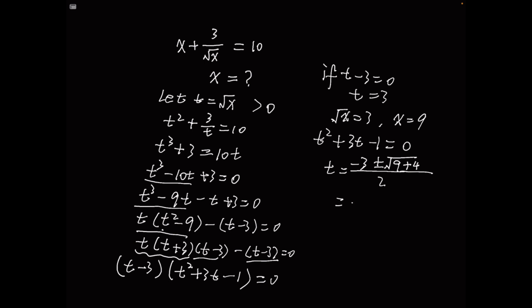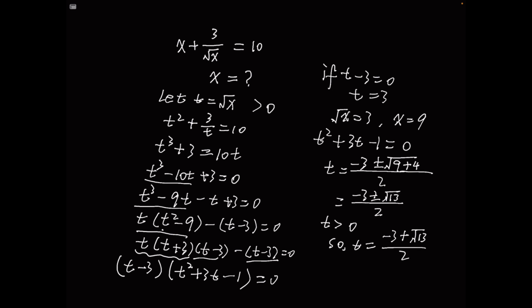Let's simplify it: negative 3 plus or minus square root 13 over 2, right? t is greater than 0, so now t equals negative 3 plus square root 13 over 2, right?